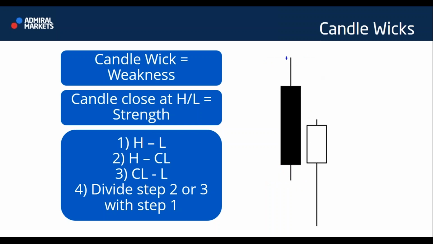So if this entire candle would be 50 pips and this wick is 5, then the wick is 10% of the candle, the downside wick. You can also measure this wick, of course. Maybe that's 15 pips, so you have a wick of 15% on the top side. How to interpret it, I will dive into on the next slide.